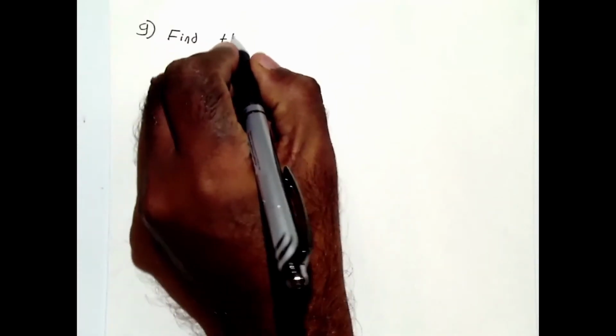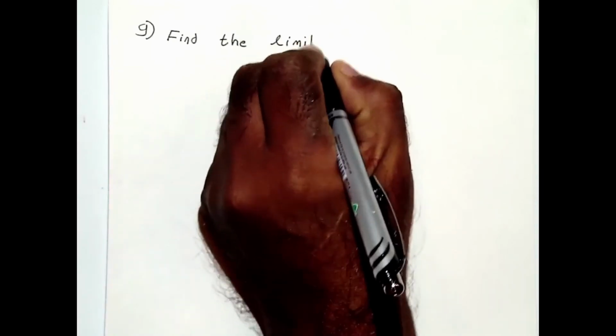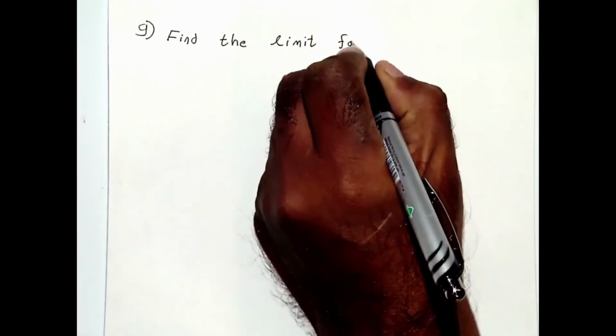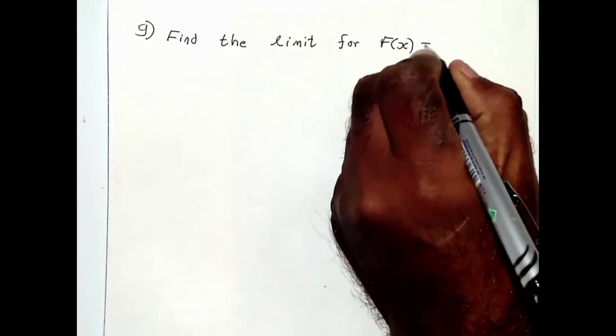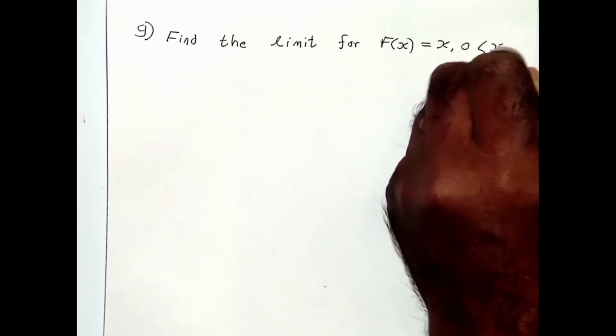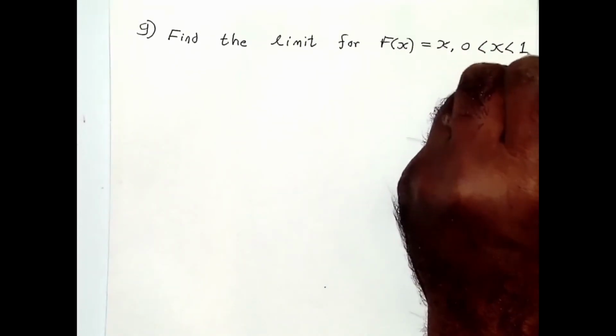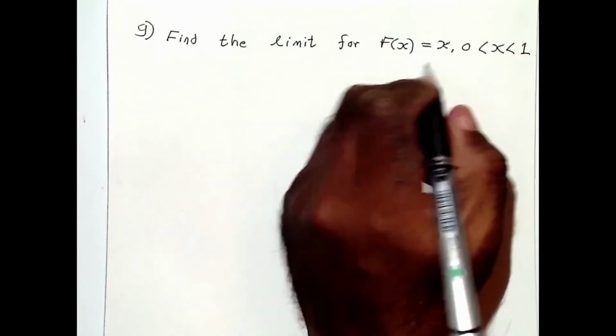So the question here is to find the limiting distribution. This is the uniform distribution on the interval from 0 to 1 for which the CDF is equal to x, right?